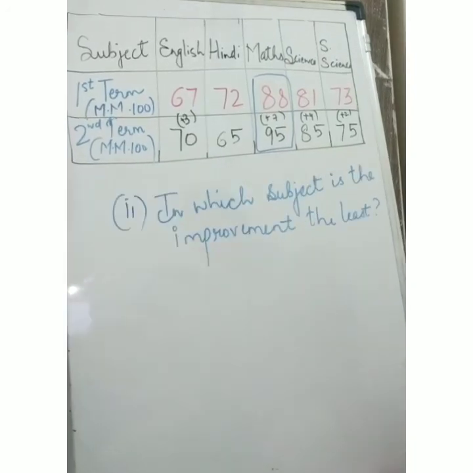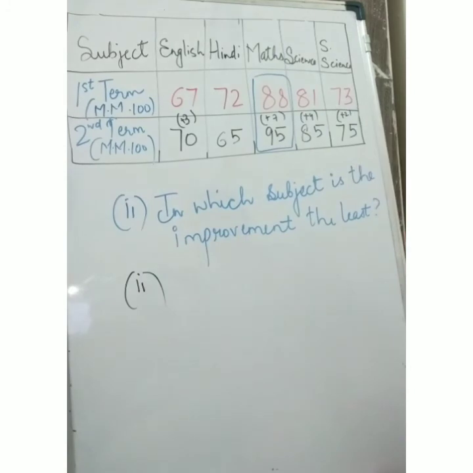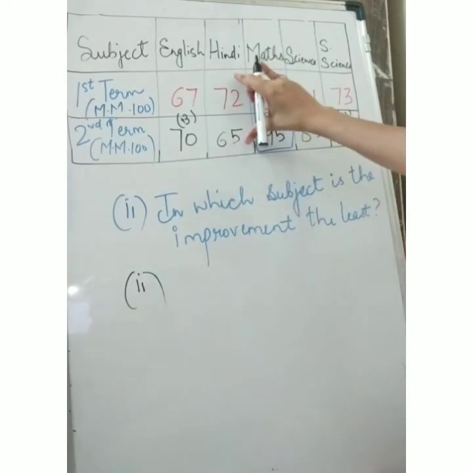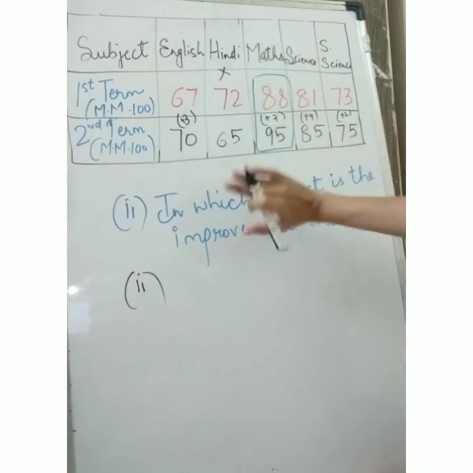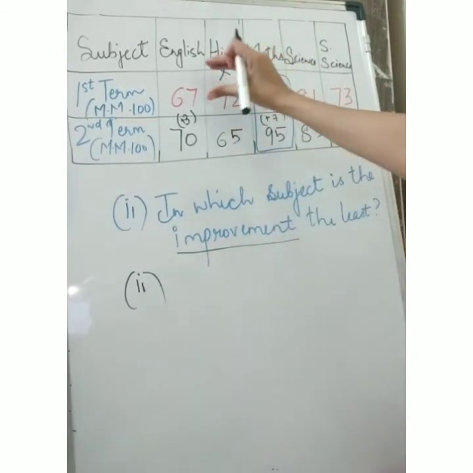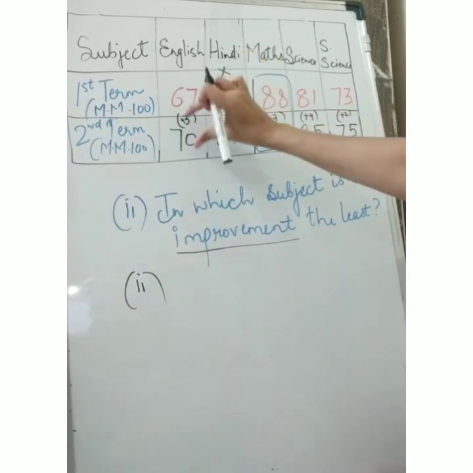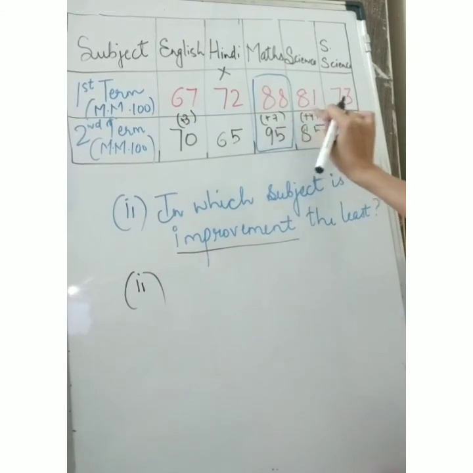Okay. Now the second one, student. In which subject is the improvement the least? Least means less, सबसे कम. So we will write the answer. We will cross this, because here the performance has gone down, but we are talking about improvement, that from the first term as compared to the second one the marks should be increased. Here plus 3, 7, 4, 2.